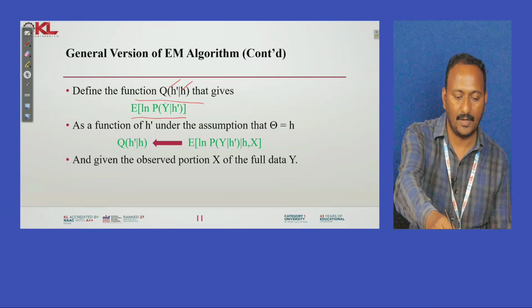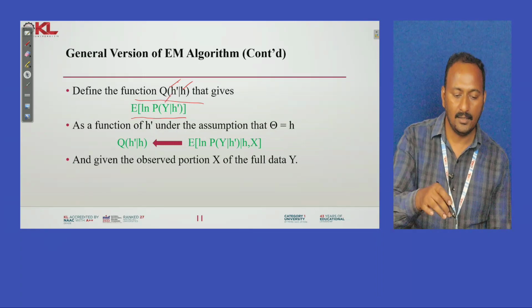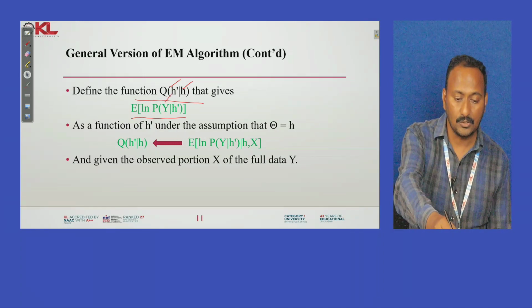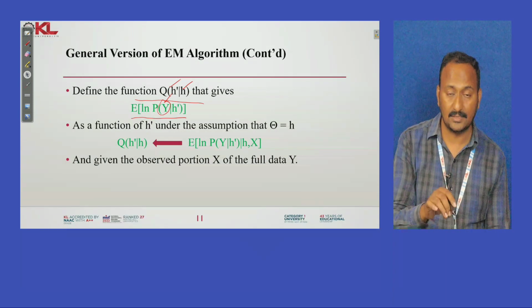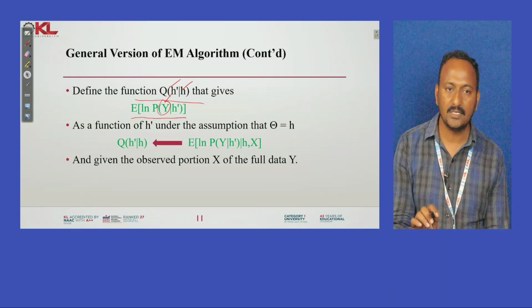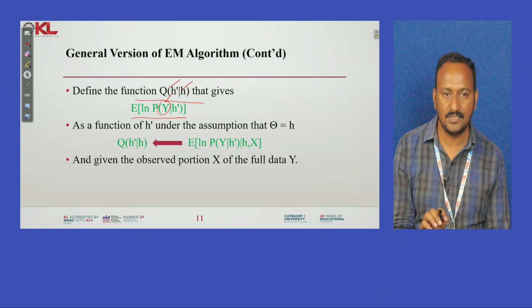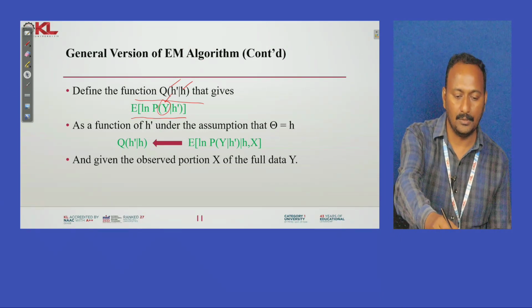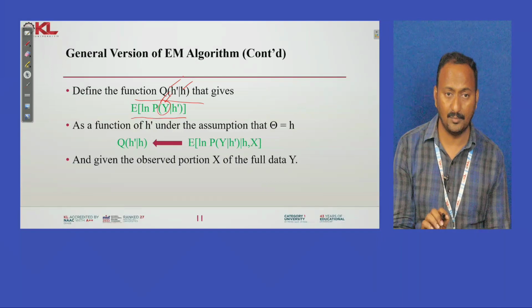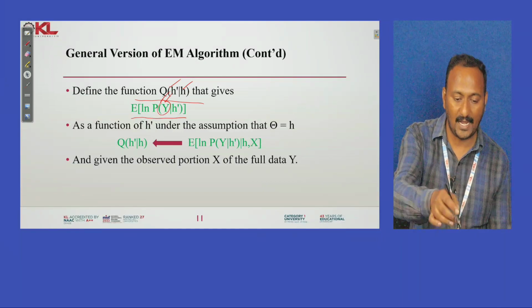Here we know that y is our total data, and this total data is considered a random variable because it has unknown, unobservable values z. So we simply conclude that y is also unobserved data, or we simply say it is a random variable.